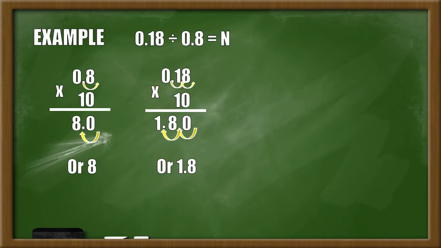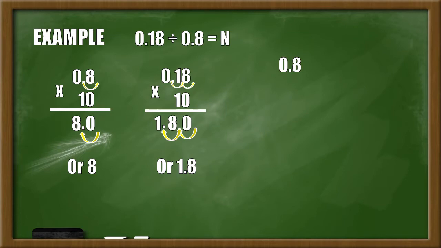Now, I will give you another way on how to make a divisor a whole number. By what? By moving the decimal point going to the right. So, what is our divisor? Very good. 0.8 or the 8 tenths.